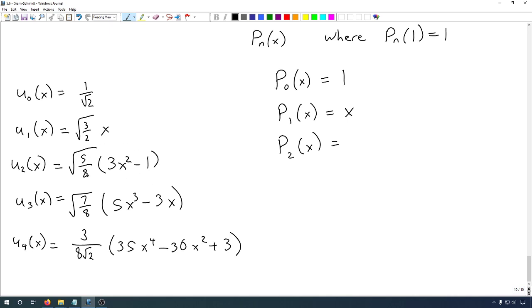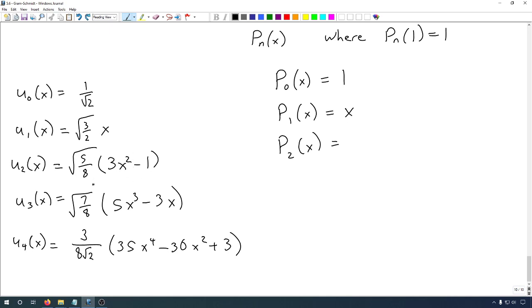So what's something we could actually multiply this one by to get a polynomial that satisfies our extra condition? Well, we just need to ask, what happens if we plug in 1? If we plug in 1, we have this square root still, times 3 minus 1. So what we get in there is a 2.